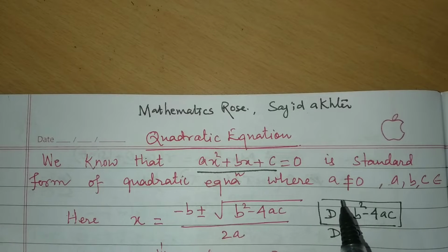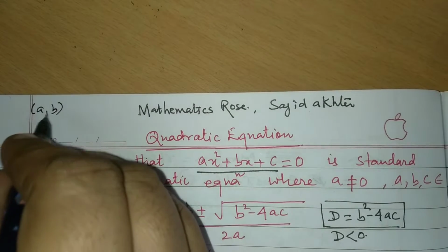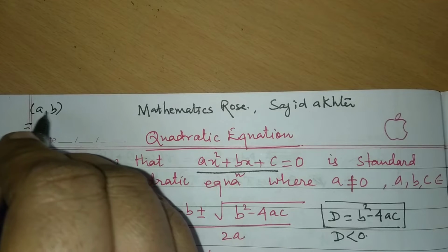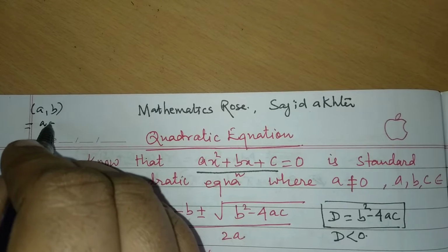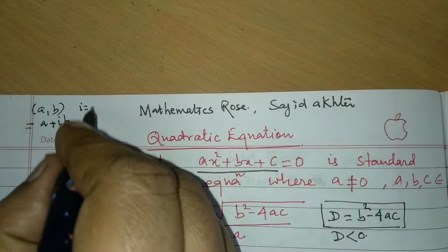Now we know that the complex number is the set of all ordered pairs, defined by W.R. Hamilton. Suppose in an ordered pair we have A and B, where A and B both are real, and it represents A plus iB, where iota is root under minus 1.